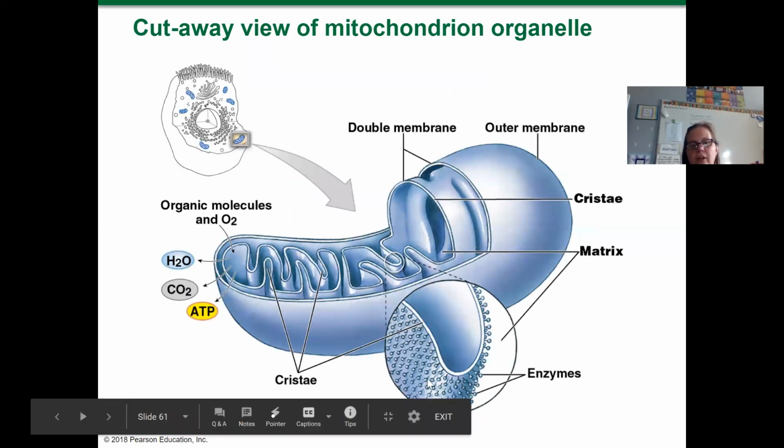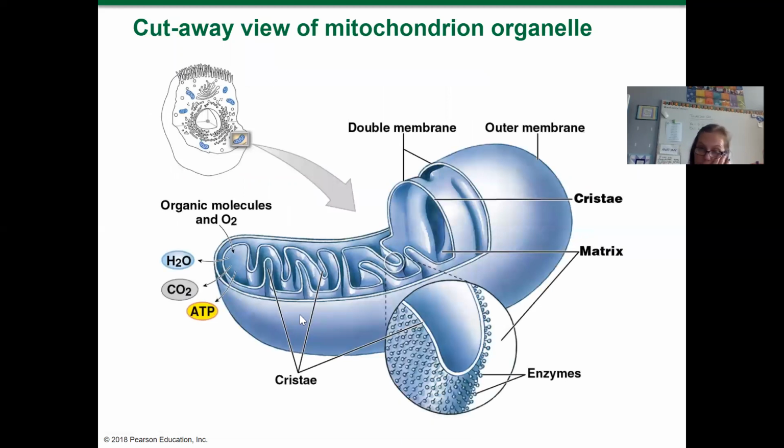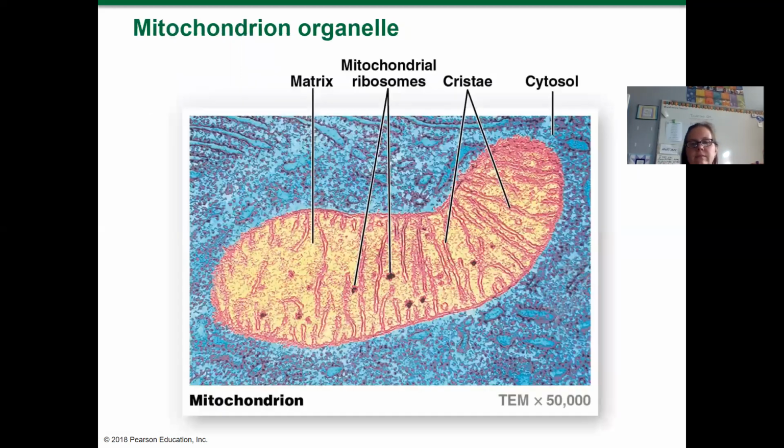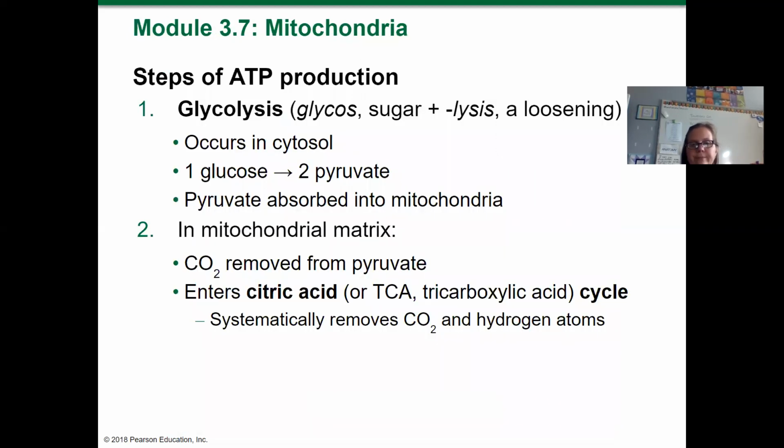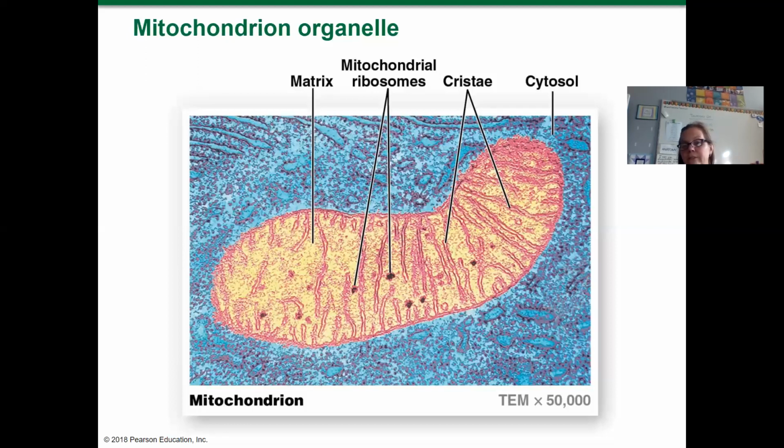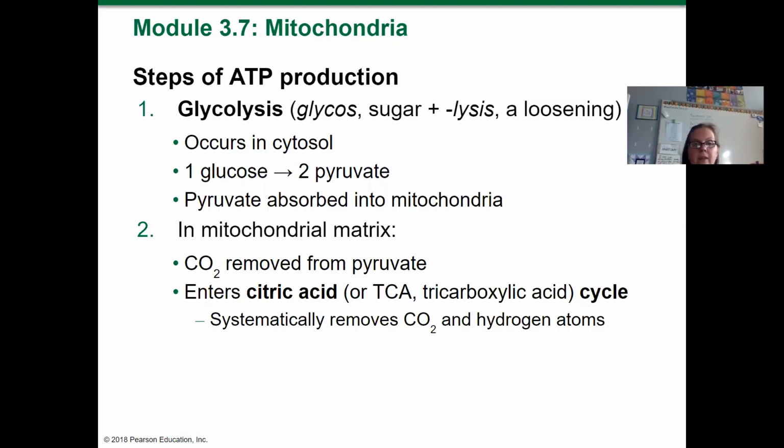Here you see some very important enzymes that help to catalyze all these pathways. So cell respiration isn't just one pathway, it's multiple pathways. And there is a transmission electron microscope picture of a mitochondria, 50,000 times its original size.